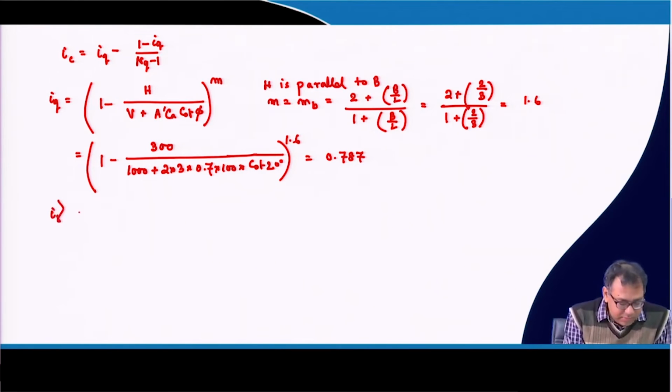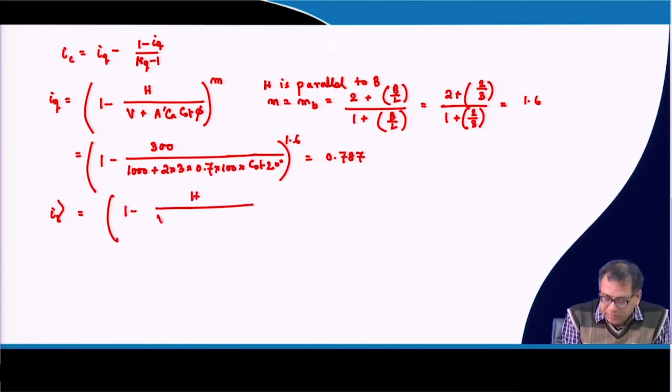Now, I gamma will get 1 minus H over V plus A dash C A, because here A dash and A are the same, cot phi to the power M plus 1.